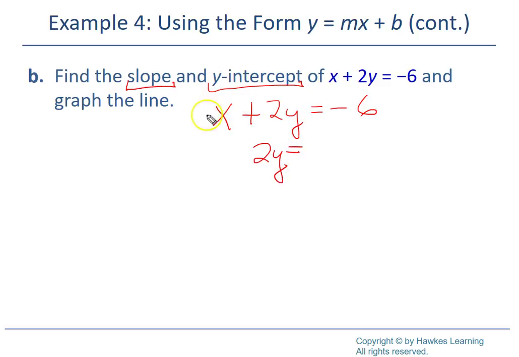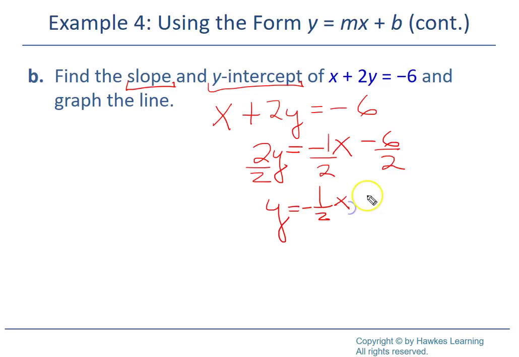I'm going to transpose this positive x to the other side, and it becomes a negative x. And my negative 6 stays there. Now I divide everything by 2. Now remember, there's a 1 that we didn't write, but we could write now. And dividing everything by 2, this now becomes y equals a negative 1/2 x minus 3.